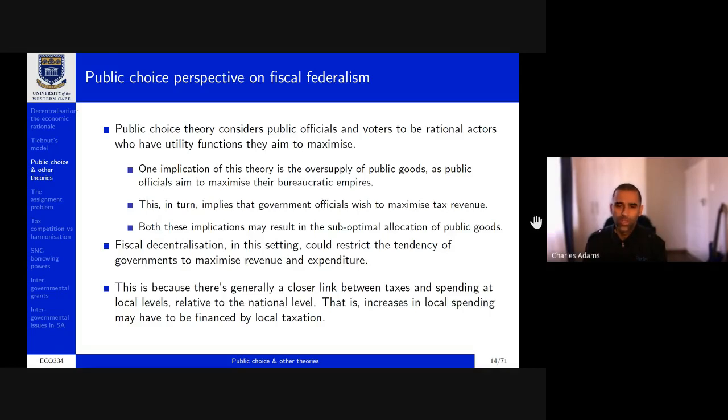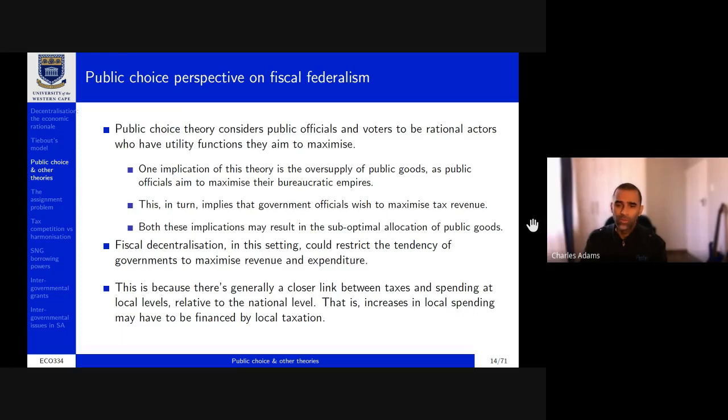Particularly for provinces. And the idea here is linking those two things, taxes and spending. So if you are paying a tax for a particular expenditure at a local level, then it's likely that, not you as an individual, but a group of the citizenry of a given jurisdiction, are going to hold those officials more accountable.